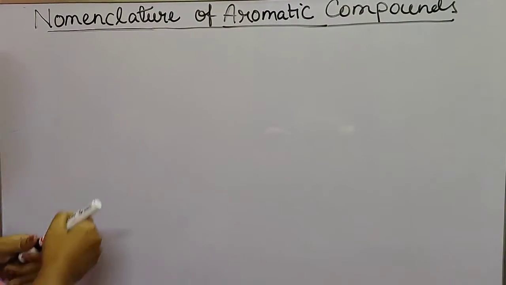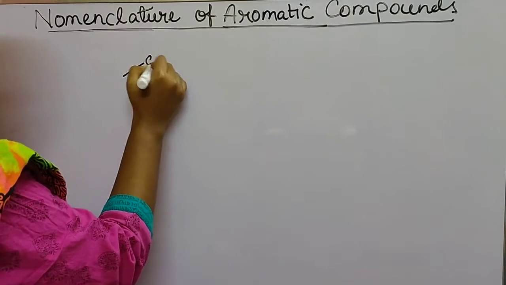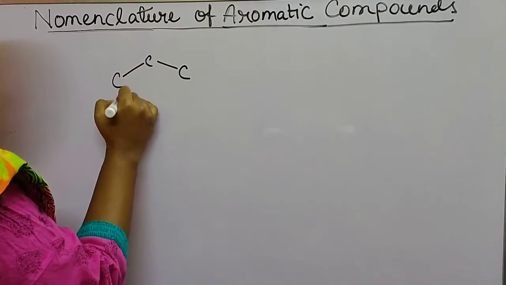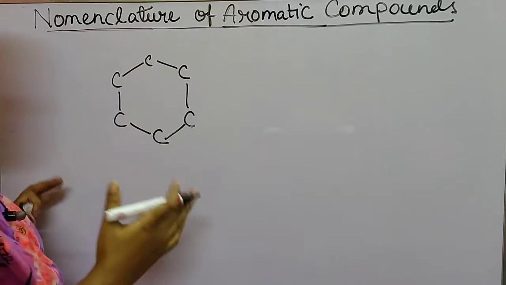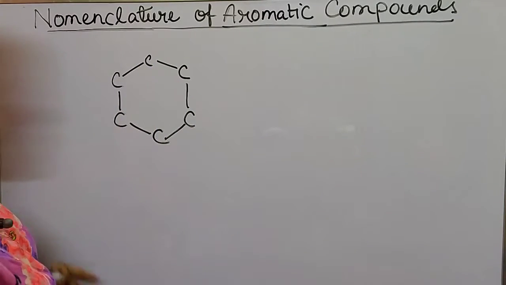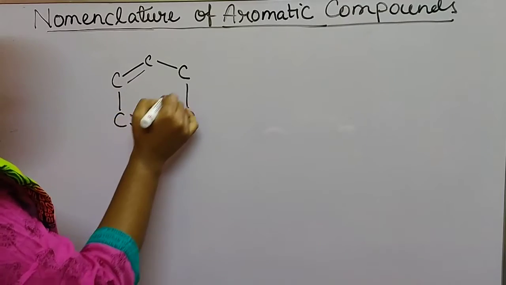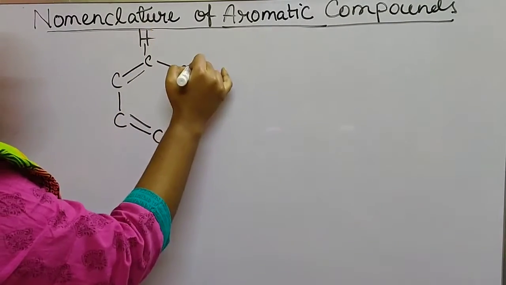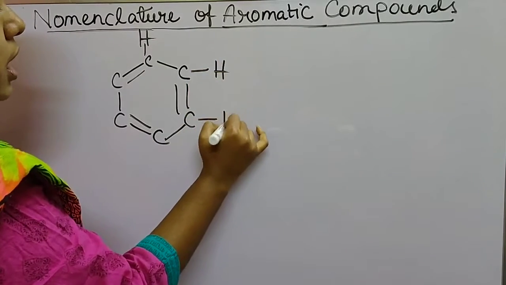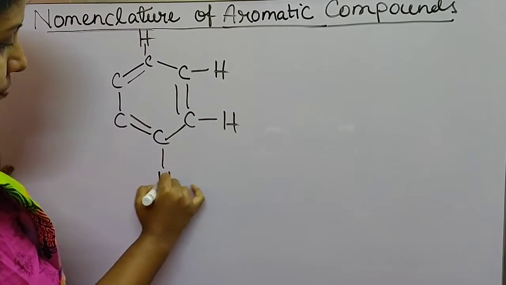Suppose, as we know, there are 6 carbon atoms present in the benzene ring with alternate double bonds, and each of them is connected with one hydrogen atom.